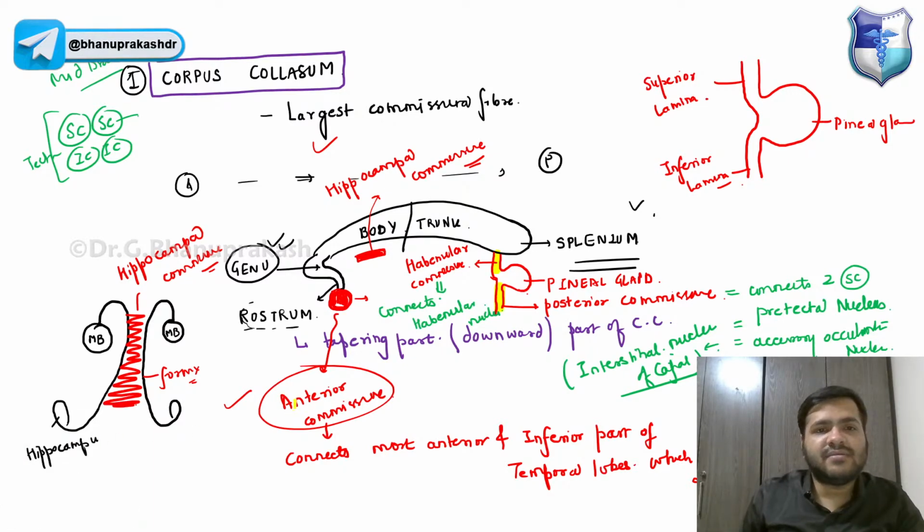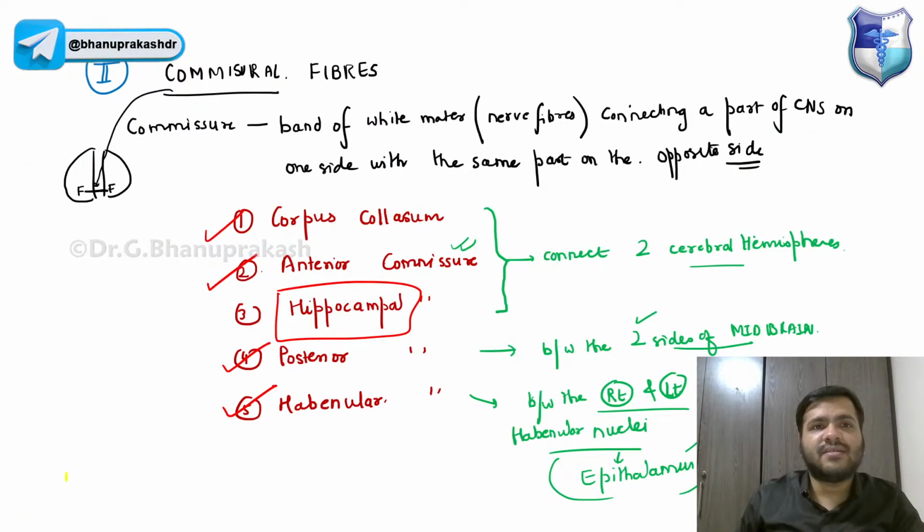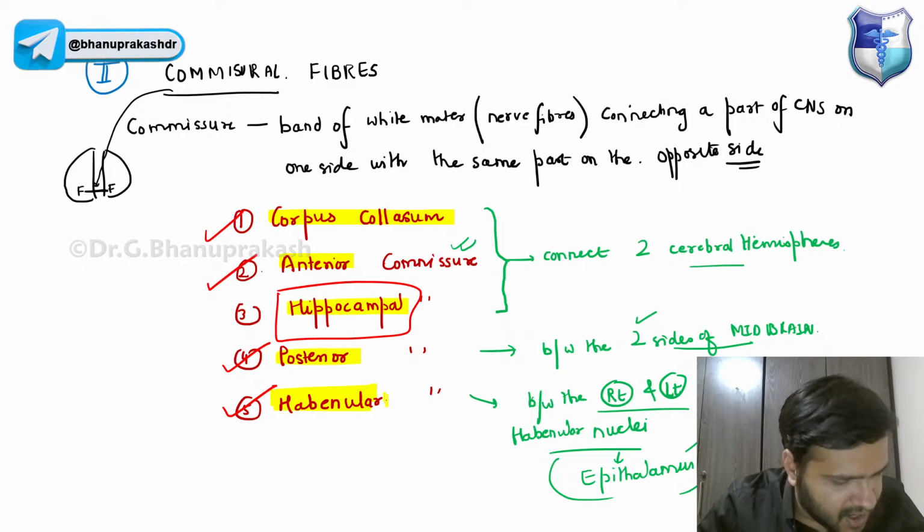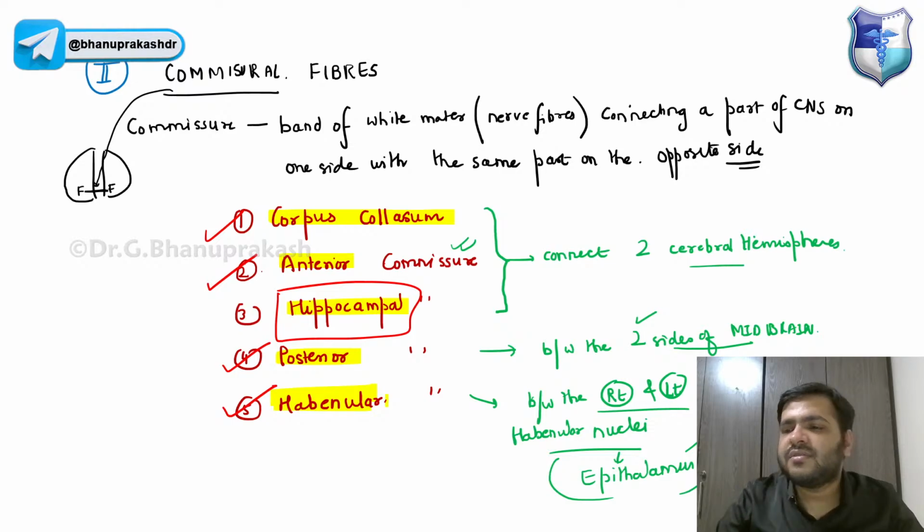All the commissural fibers: the anterior commissure, the hippocampal commissure, the habenular commissure, the posterior commissure, and the corpus callosum parts, right? So in short we have discussed all the commissural fibers. Just give me a thumbs up, guys, if this is clear to each one of you.